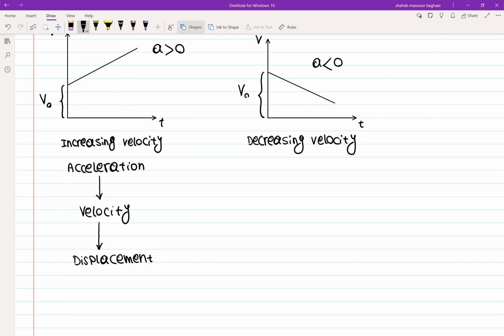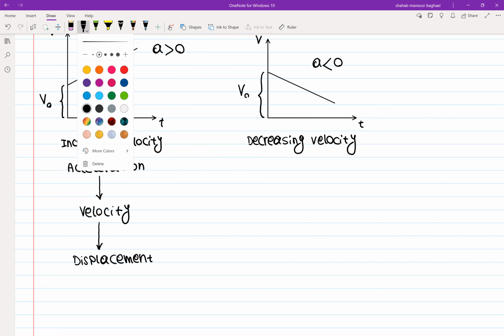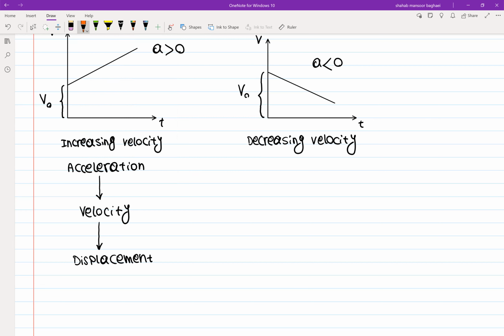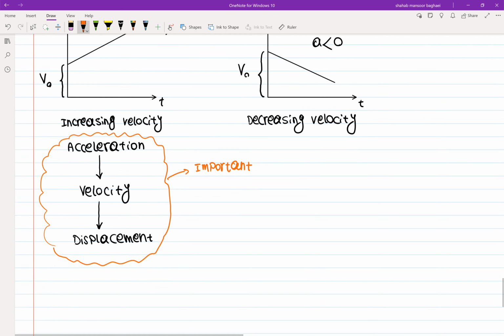Therefore, we need this point here. Just use this point. Just memorize it. Important. I will use it here.